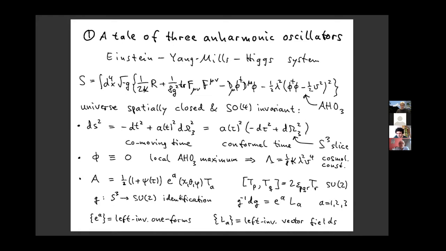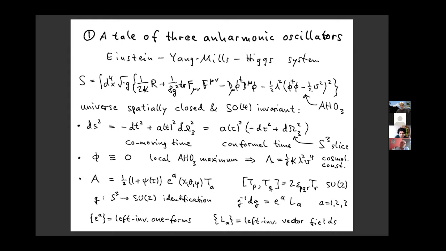2 more anharmonic oscillators will appear soon, because I now assume SO4 invariance and a spatially closed universe. So here is the Robertson-Walker metric with a cosmic scale factor in co-moving time, and I switch to conformal time, tau.